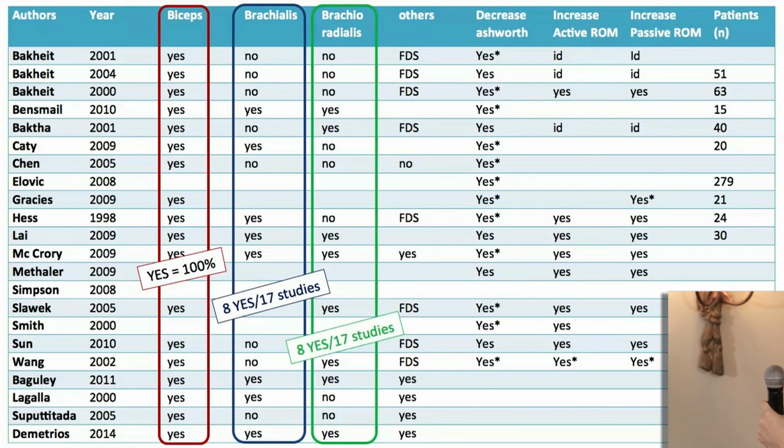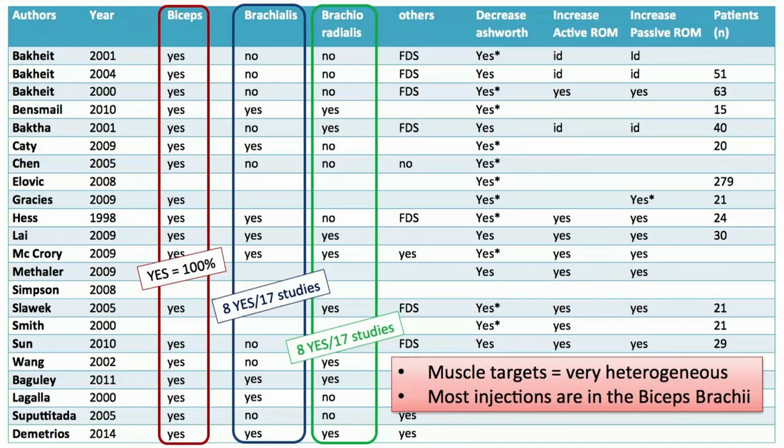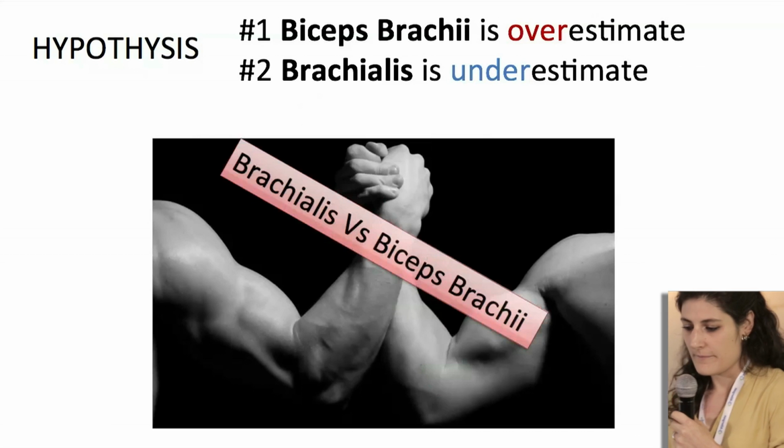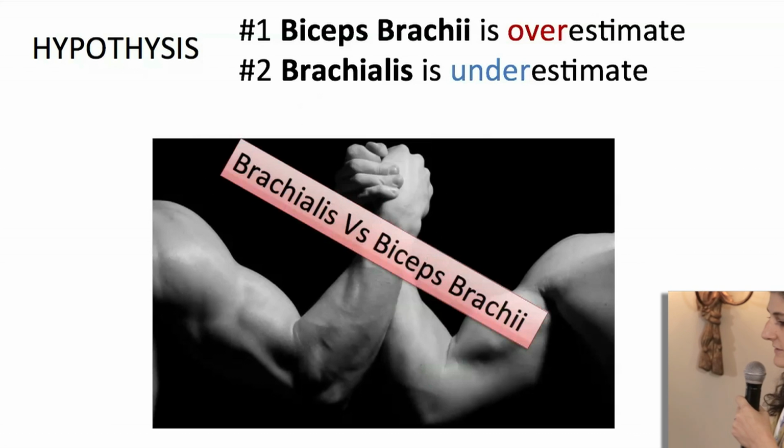So those muscle targets are very heterogeneous, and most of the injections were performed in the biceps brachii. But based on our clinical experience, we think that the biceps brachii is overestimated and the brachialis is underestimated.